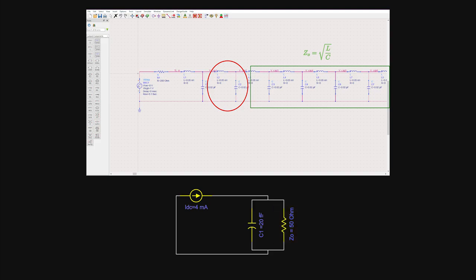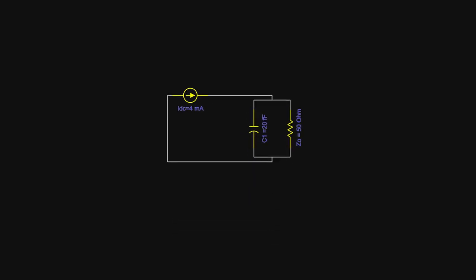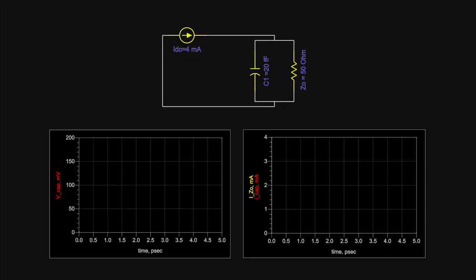Now constant current source means that this inductor is a short circuit. In other words, the circuit at the first section behaves exactly as a current source driving a parallel RC circuit. The voltage across the capacitor increases exponentially to 0.2 volts with time constant RC, while the current drawn by the capacitor decays exponentially to 0 by the same rate.